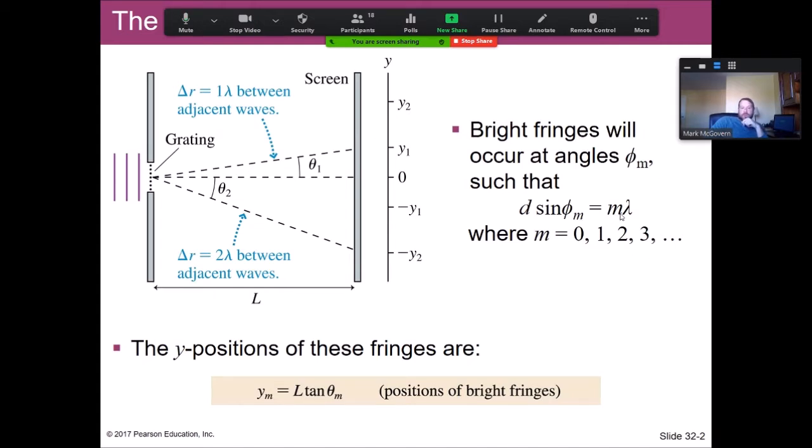The term that we use for m is orders, right? So I've stuck in a phi lowercase m here to indicate the locations in angles of these fringes. And of course, the actual positions on the screen in terms of a measurable distance are given by this relation down here, the tangent.